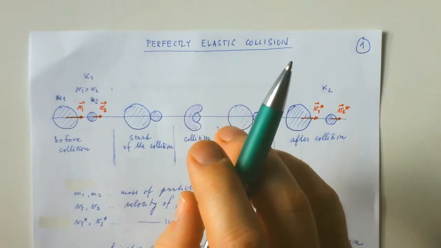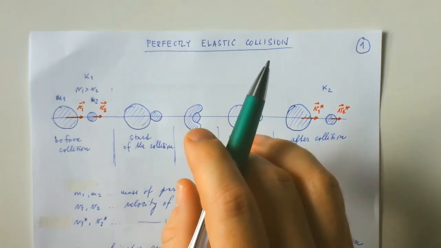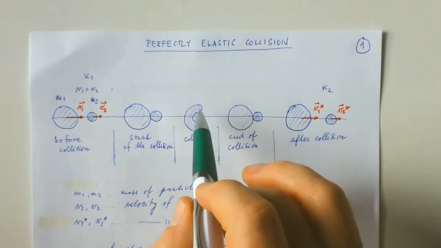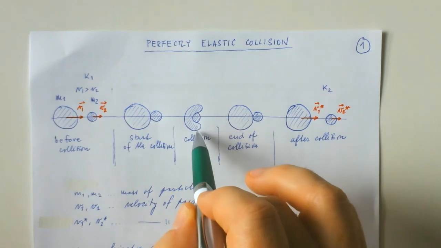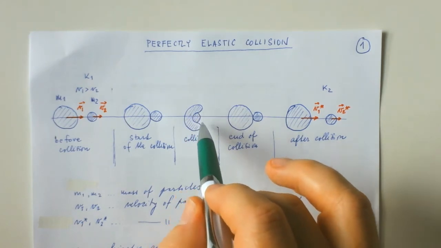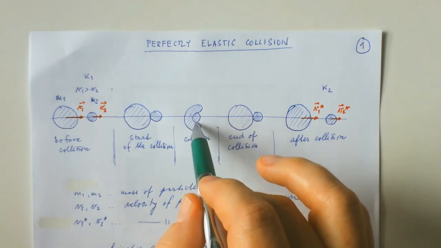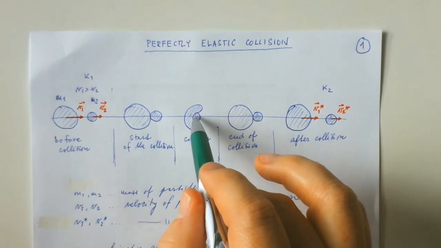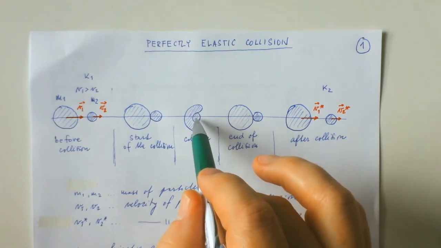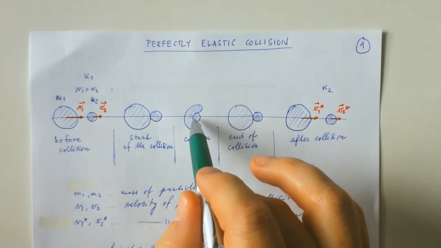For deformation of a spring, you need some energy. So bodies deformed by the action of forces, contact forces between m1 and m2, and this deformation needed some energy.